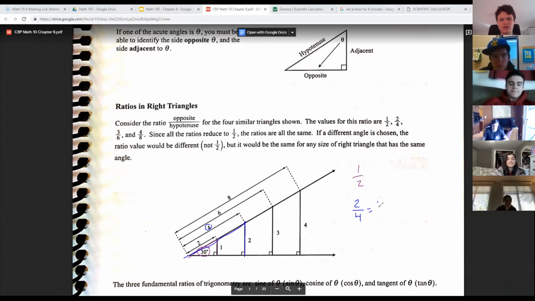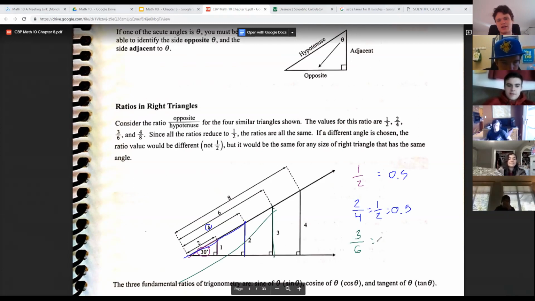But that, of course, simplifies to 1 over 2, or 0.5. These both are 0.5. And so on, right? All of these will have the same ratio. So again, we're trying to show that the ratio is consistent.